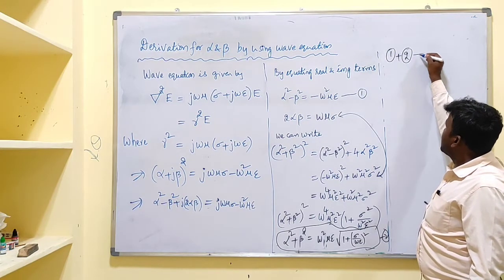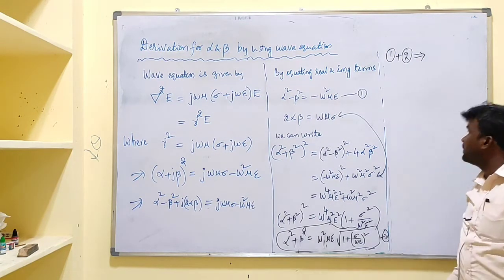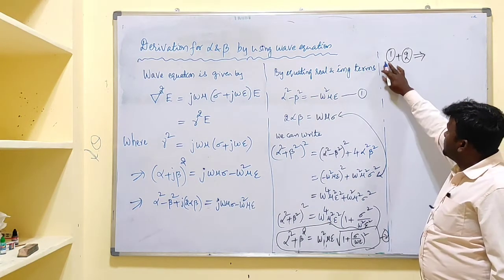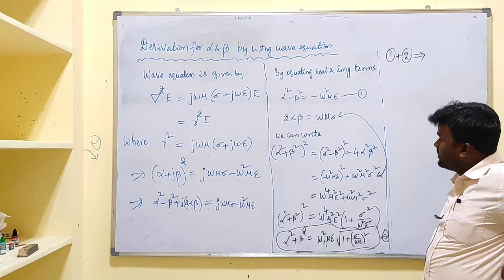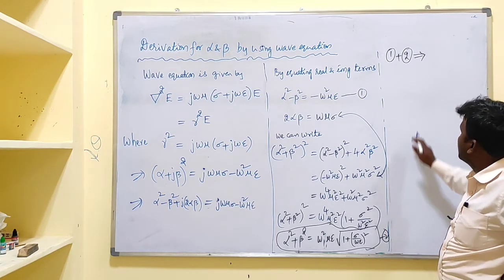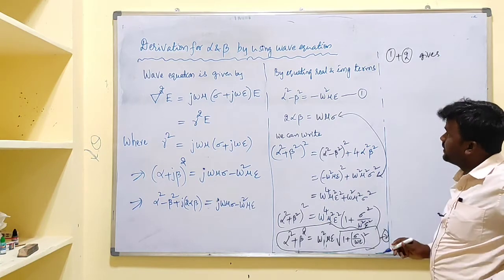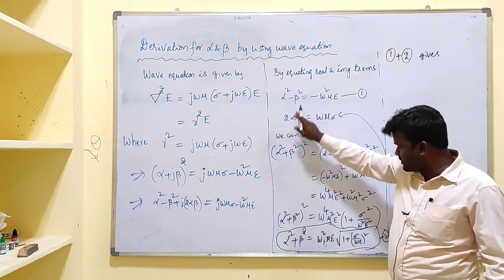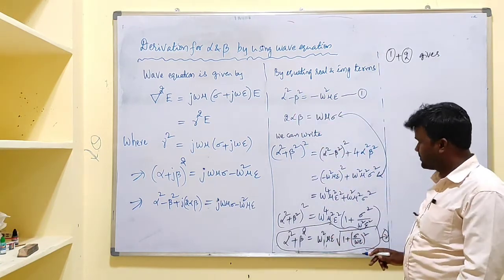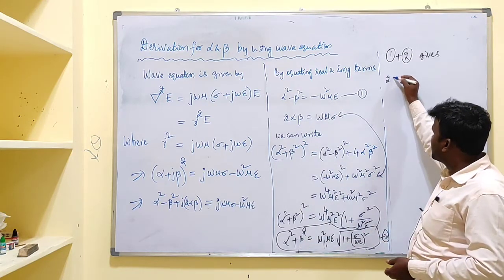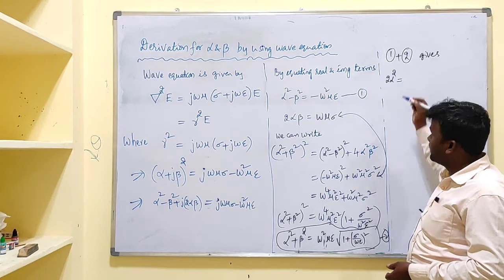Now go for 1 plus 2. If I add equation 1 and equation 2, what does that give? Equation 1 is alpha square minus beta square, plus alpha square plus beta square, so beta square cancels out. On the left hand side we will get 2 alpha square.